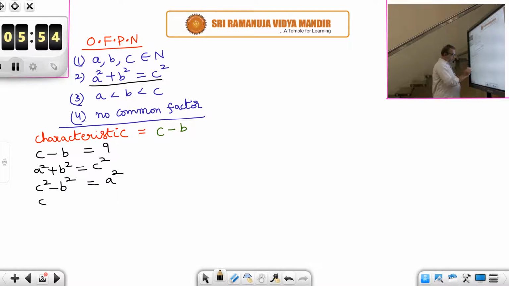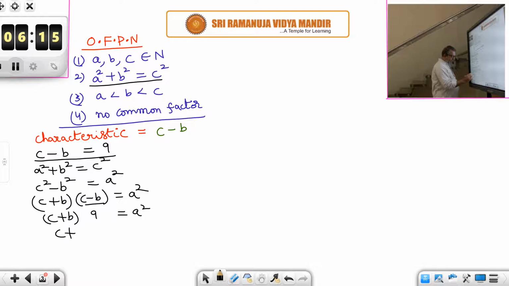But C square minus B square is equal to C plus B into C minus B, that is A square. But C minus B is 9, characteristic 9, I can put it here. C plus B into 9. So C plus B is A square by 9.